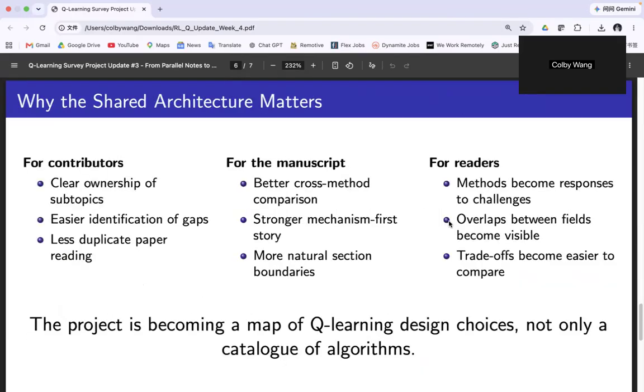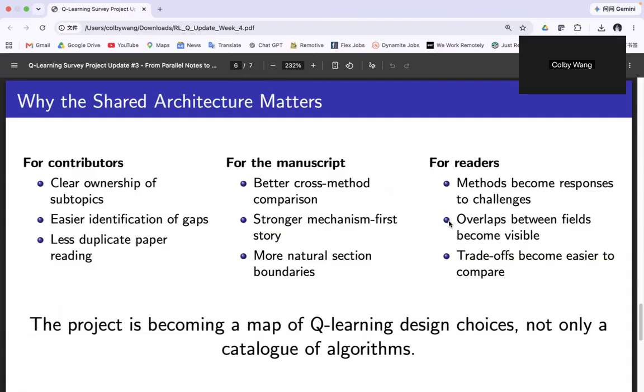Now, why does the shared architecture matter? It helps contributors because everyone can see where their work fits, where overlap is expected, and where there are still gaps. It helps the manuscript because our final survey can make mechanism-level comparisons rather than simply introducing methods one by one. And it helps readers because methods become easier to interpret as responses to concrete weaknesses.